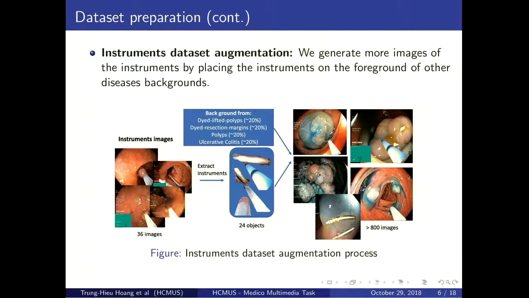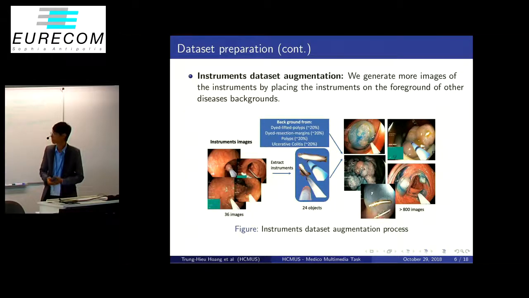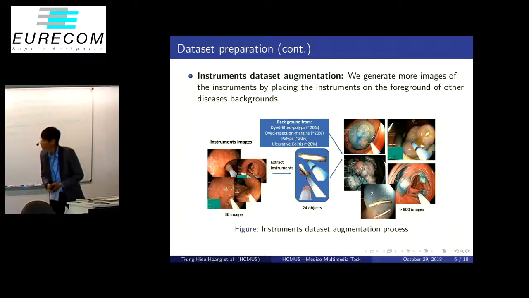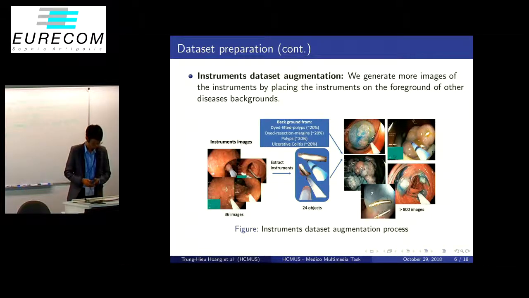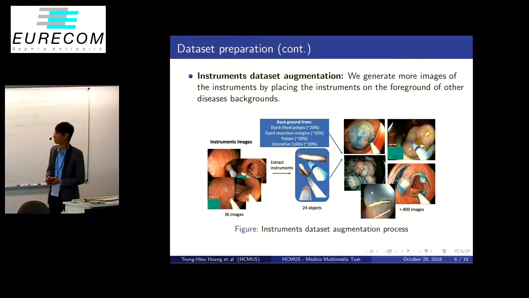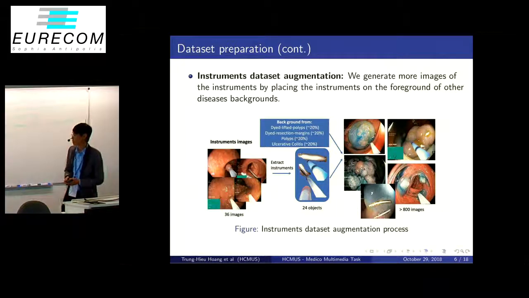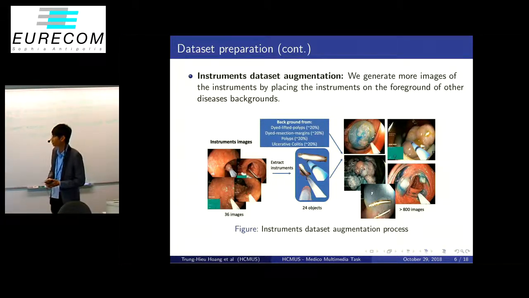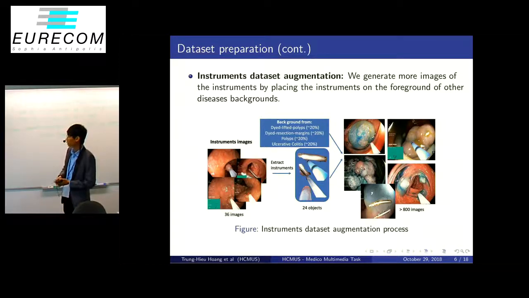And we also see that there's a very small number of images in the instrument class, only 36 images. So in order to maintain the balance between the classes and to improve the diversity of the instrument images, we manually extract the instrument objects from the original images, and then we place these objects on different backgrounds.